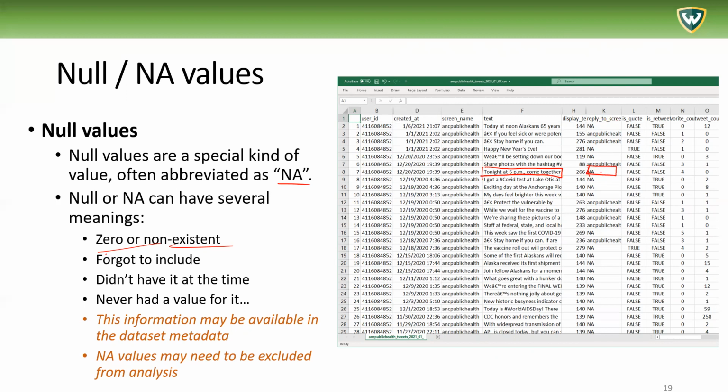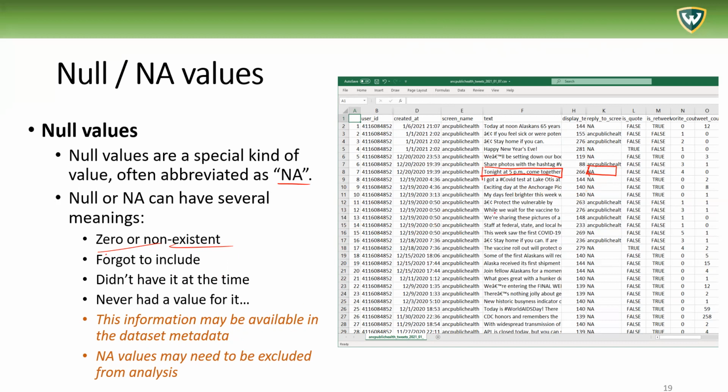So in this case, NAs are not that complicated or big a deal, but the problem is that NA could also mean that someone forgot to include the data there, or that they didn't have that value at that time but later they did have it, or that they never had it. Once again, this information may be available in the data set metadata.